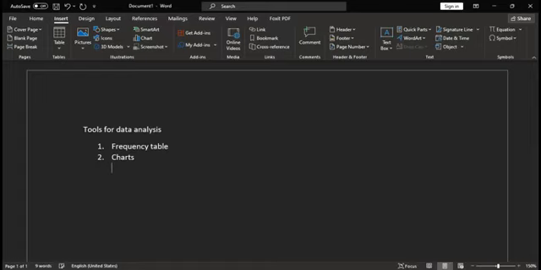Now let's say, let's take for instance you have various ages.